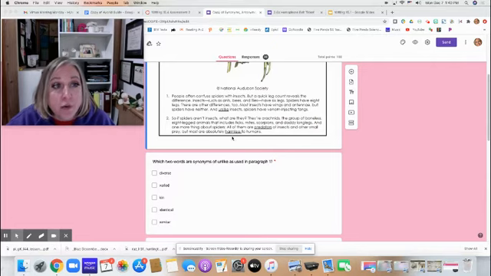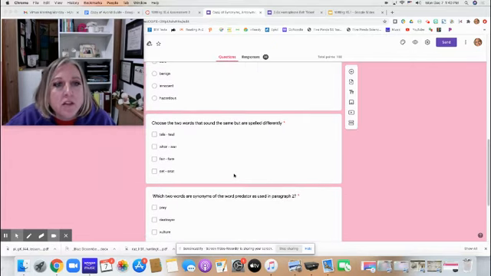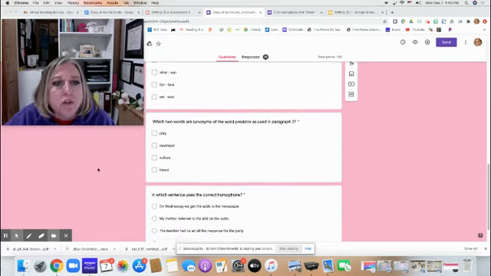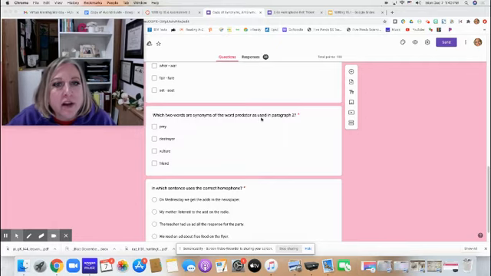You're going to read the sentence again. Choose the two words that have the same sound but are spelled differently. So you're not choosing two answers; you're choosing which set of two words has the same sound. Which two words are synonyms of the word predator as used in paragraph 2? So you'll have two answers again.